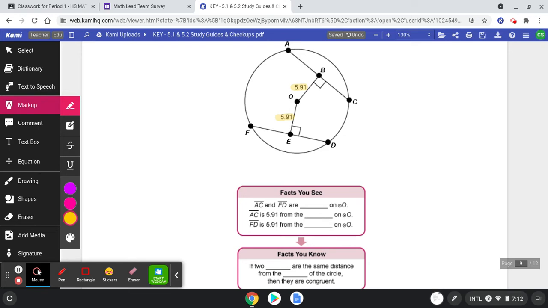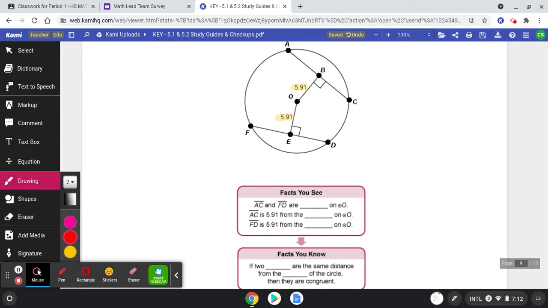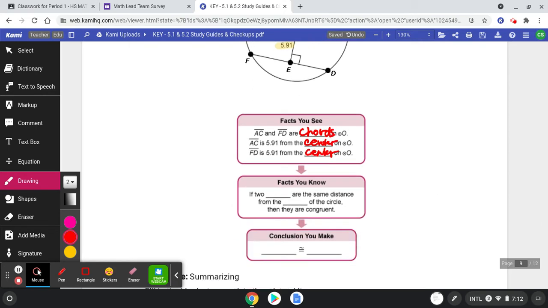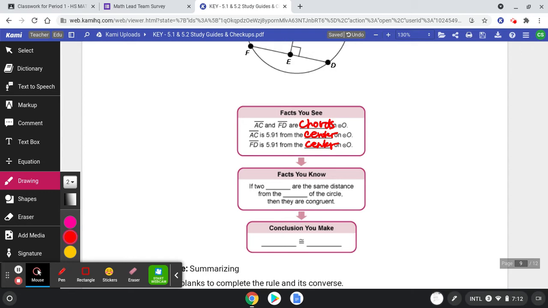So AC and FD are chords on circle with center O, and AC is 5.91 from the center, and FD is 5.91 from the center. So if two chords are the same distance from the center, then they're congruent. So our conclusion is that chord AC is congruent to chord FD.